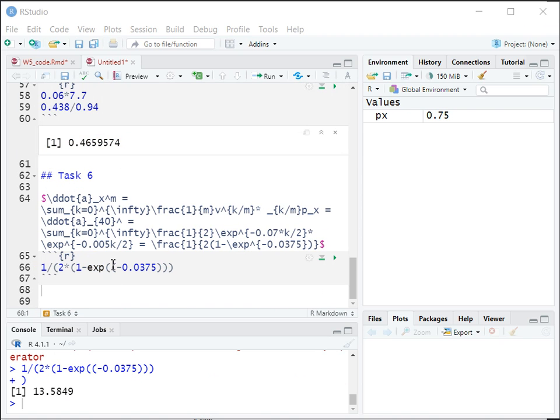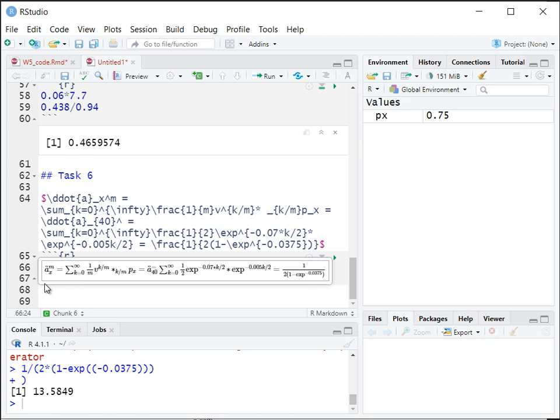So we just replaced the power to allow us to calculate the exponent as the function, exponent of x.